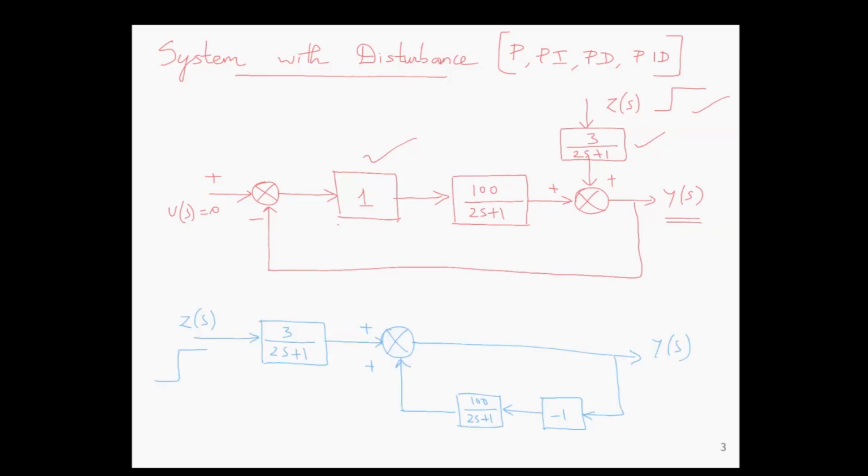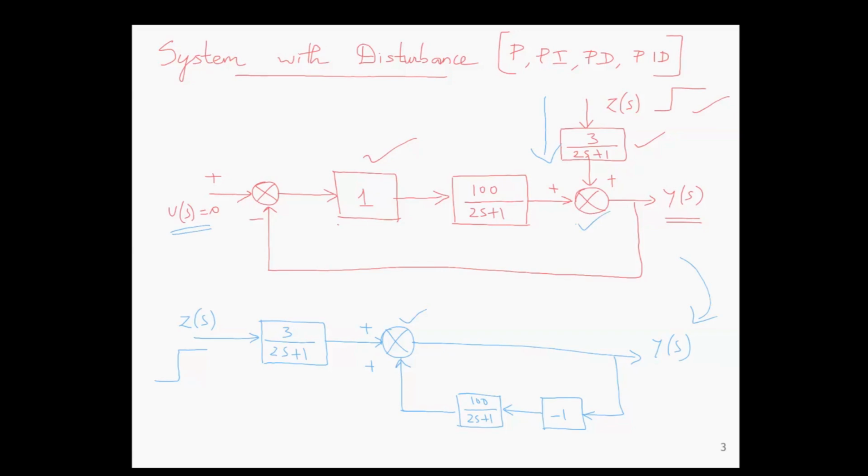We can redraw the above diagram in the following way. Since the input u of s is 0, z of s will start from here. z of s is multiplied with 3 by 2s plus 1, that is the disturbance transfer function. That is given to this summer, and the output is taken from the summer as y of s.